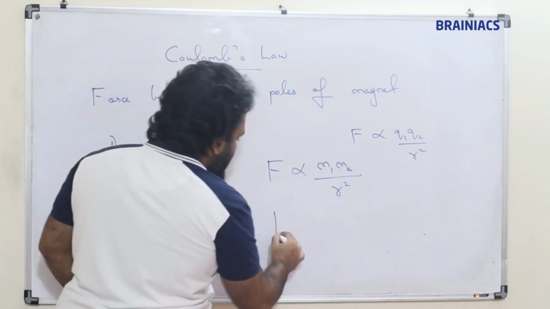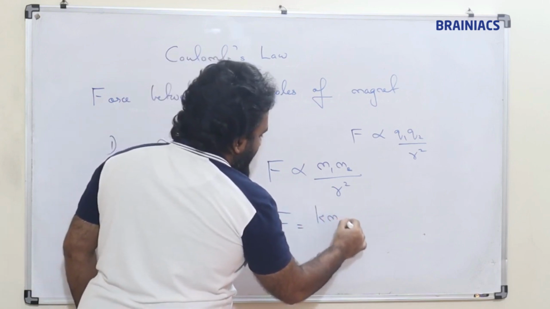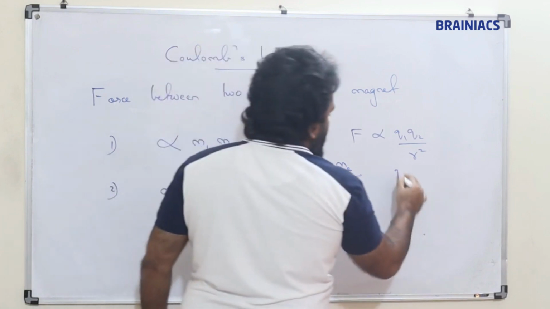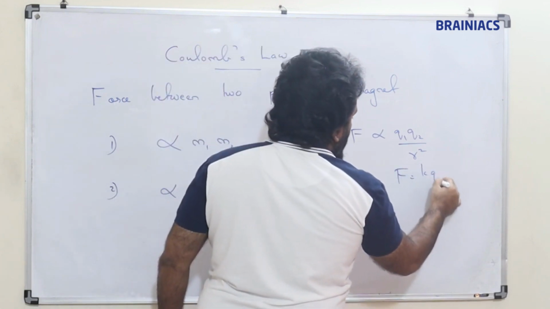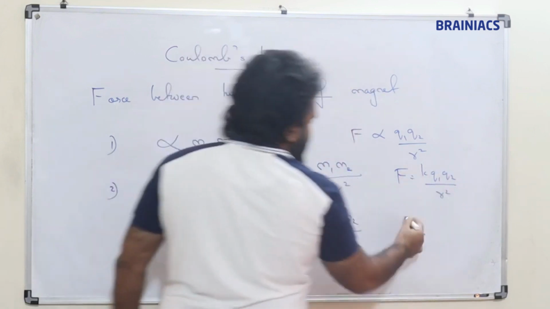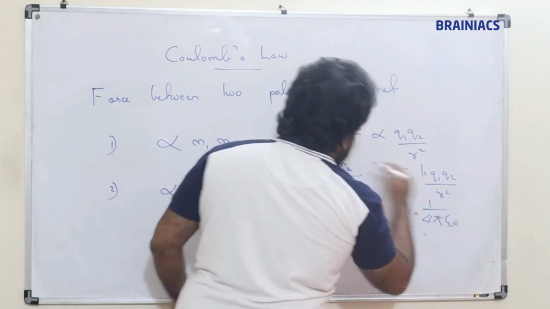When we make the proportionality constant, this is nothing but K m1 m2 divided by r square. Here also F is equal to K q1 q2 divided by r square. What is K there? K is 1 by 4 pi epsilon naught.